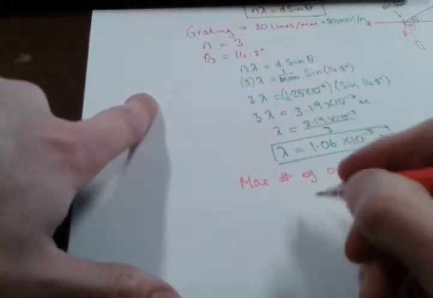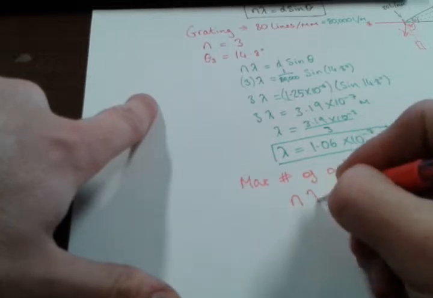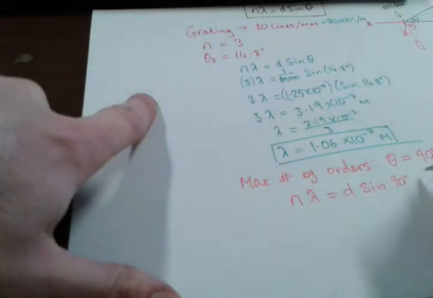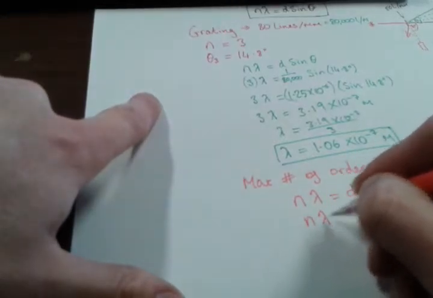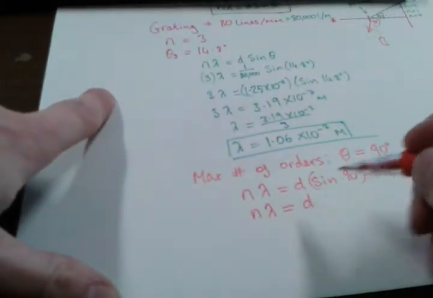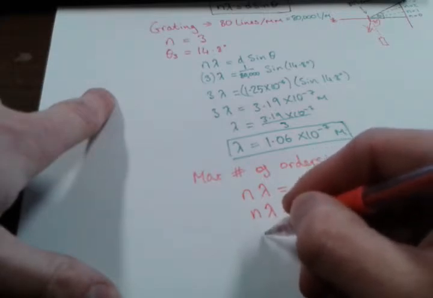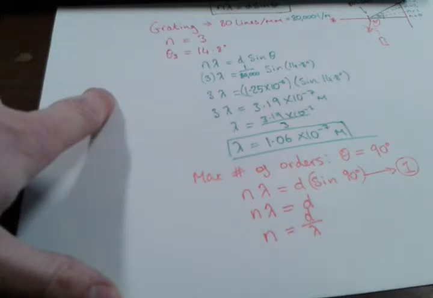Lambda we have is equal to d sine, and I can put in 90 degrees here. And the sine of 90 degrees is 1. So that's going to go away. So our formula is going to just become n lambda is equal to d, realistically, because that's just d multiplied by 1. So n is what we're trying to find. We'll get n is equal to d over lambda, if we rearrange it like that.